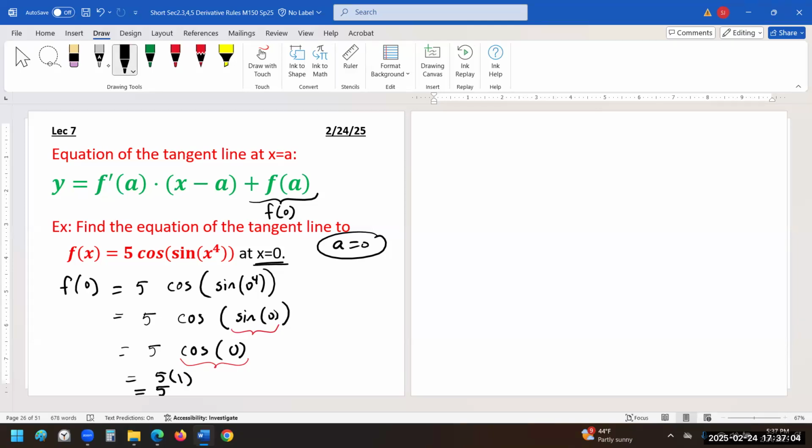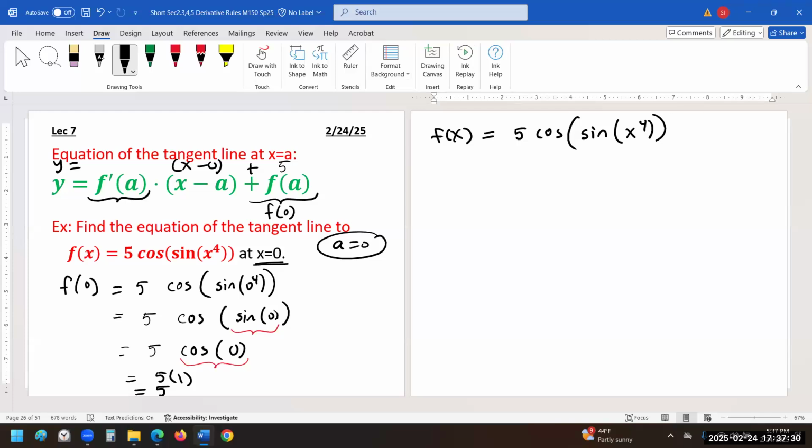So we have 5 here, x minus 0. And now the only thing we need to find is the derivative when a is 0. So we go find the derivative. f of x is 5 cosine of sine of x to the 4.